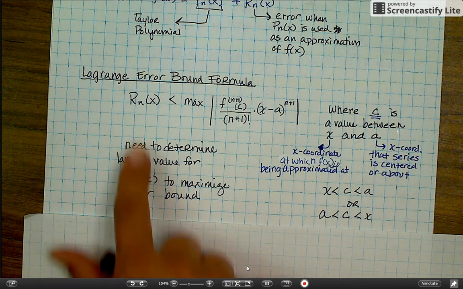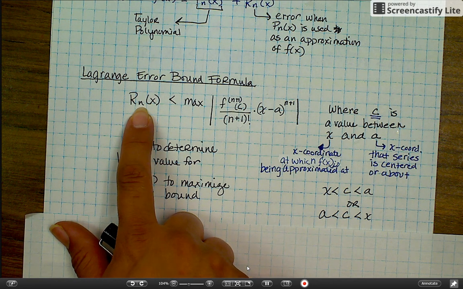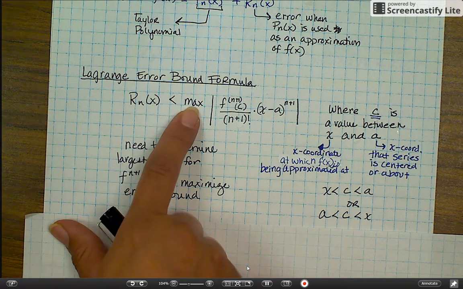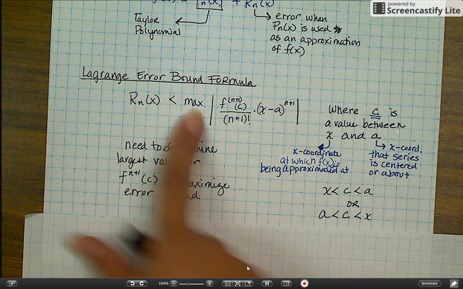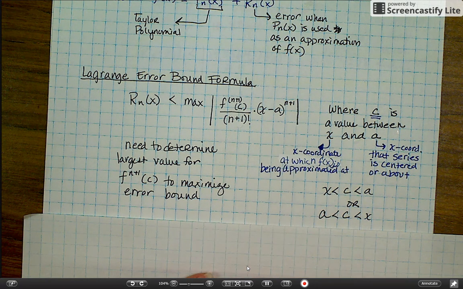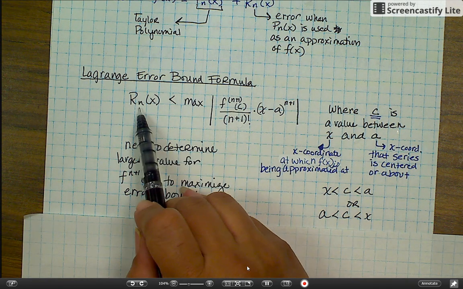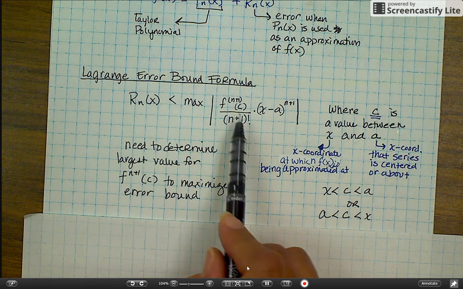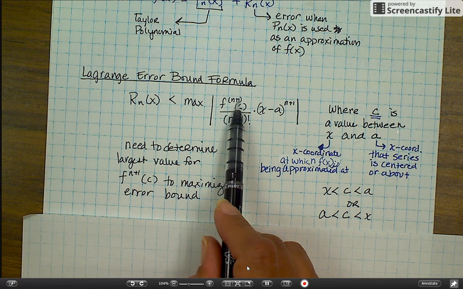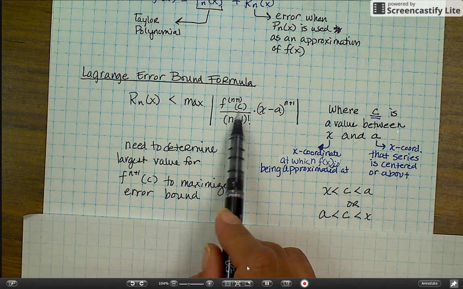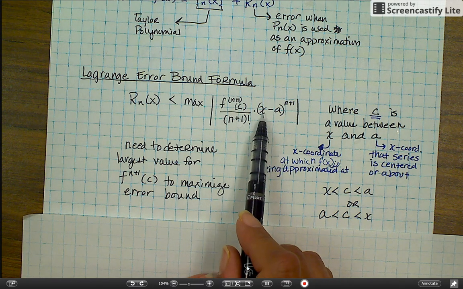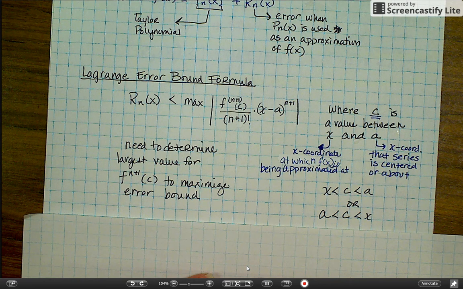If you're using a polynomial of degree n, then the error that you would experience would be less than the maximum value from this formula right here. So if I said let's use a third degree, then my n is 3. Therefore, this would be the fourth derivative at c, which I will explain in a minute, divided by 4 factorial, times (x minus a) to the 4th power, okay?